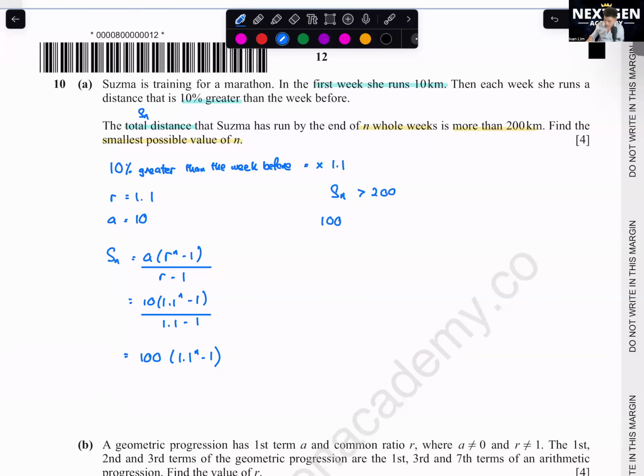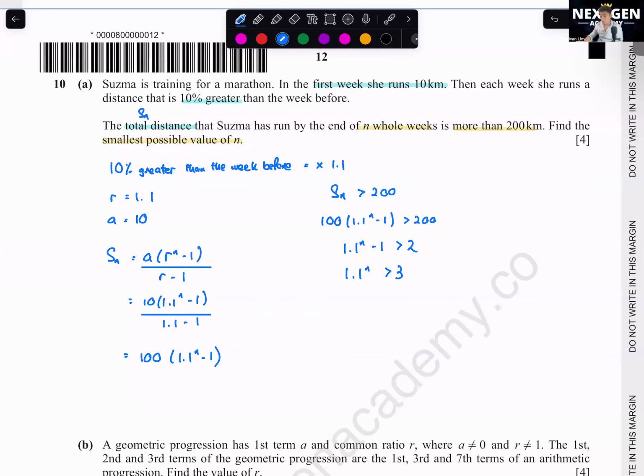We take 100(1.1^n - 1) more than 200. 200 divided by 100 will be 2, then plus 1: 1.1 to the power of n more than 2 plus 1, which is 3.